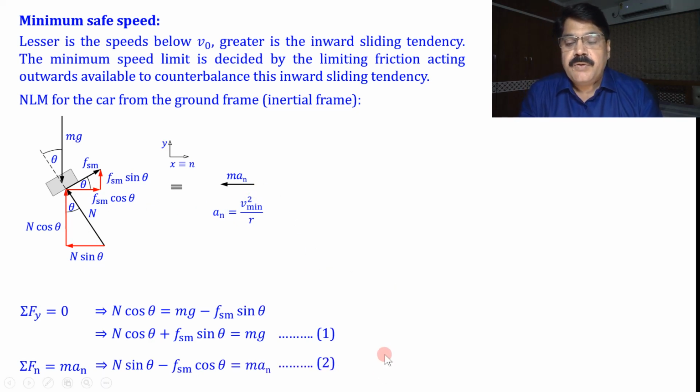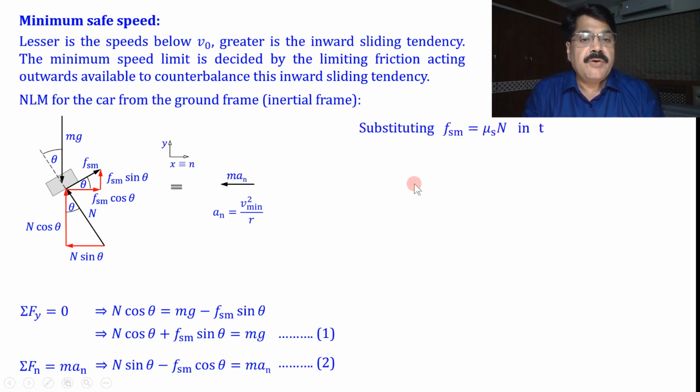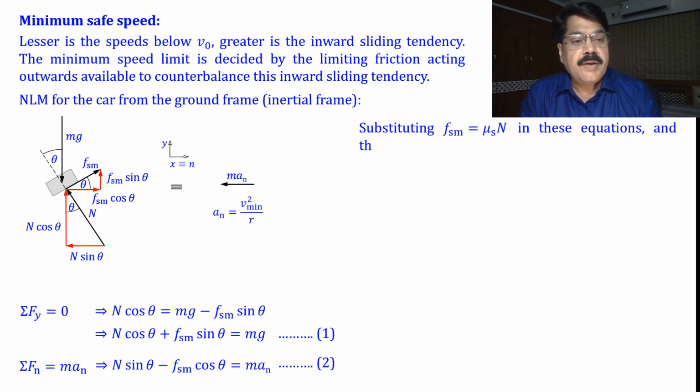Now what we do is substitute mu_s N for f_s and then take the ratio of the right hand side and left hand side, equating them. So we substitute f_s equal to mu_s N in these equations and then take the ratio of the right hand sides and the left hand sides.